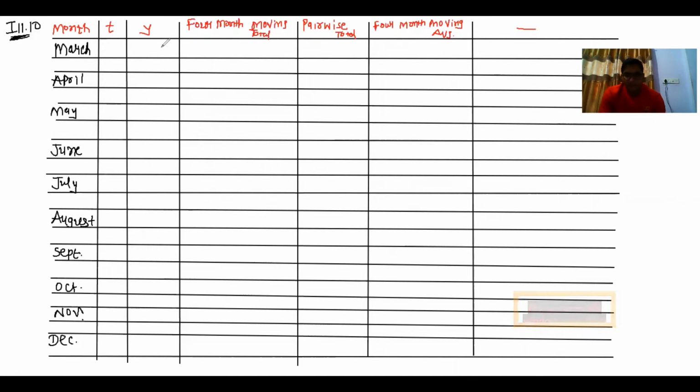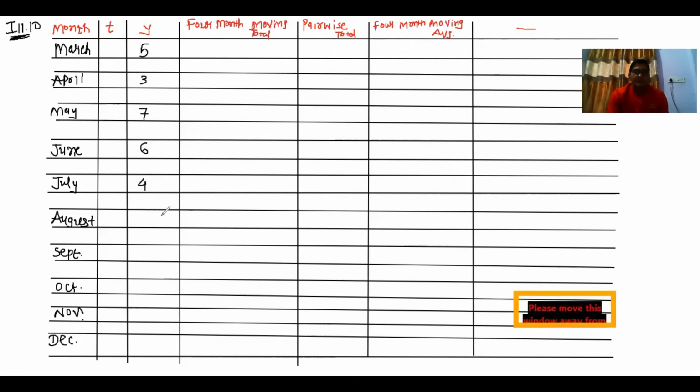And Y is given: in March 5, 3, 7, 6, 4, 8, 9, 10, 8, and 9. Okay, so these two columns are given in the question, and they have asked for 4 months moving average.